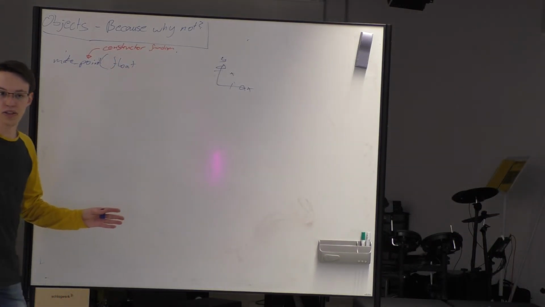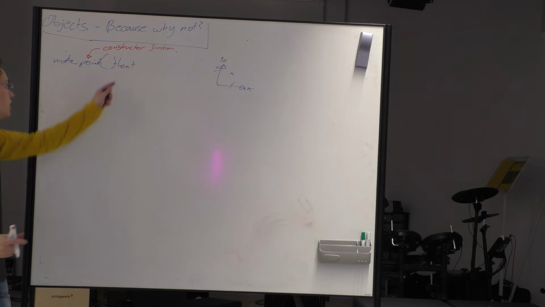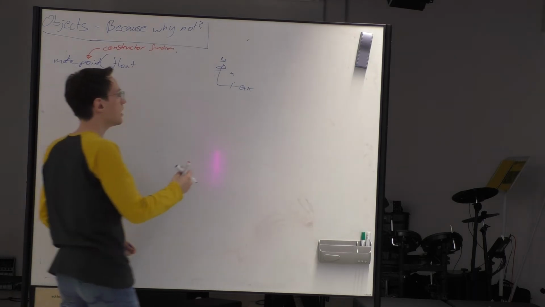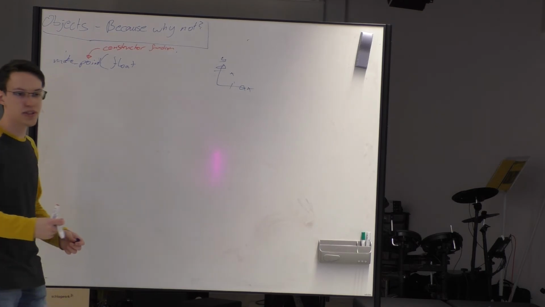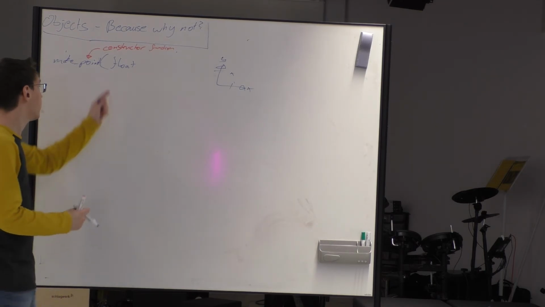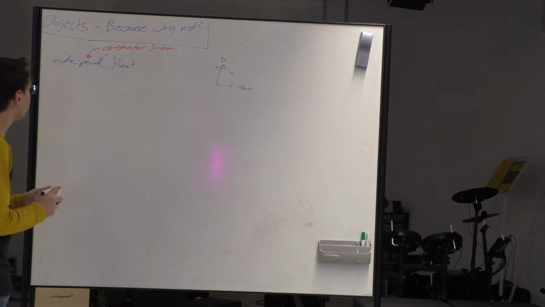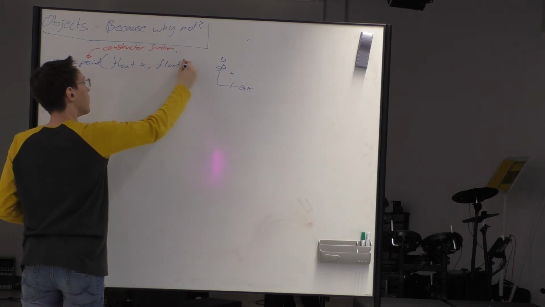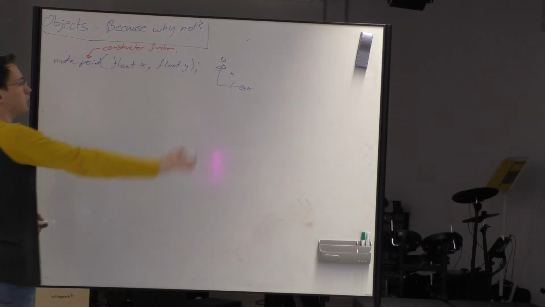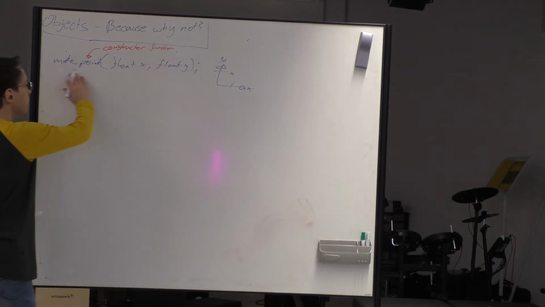You all know about floats, right? Floating point numbers. It's like an integer just with decimal points. Integers are like 42, and floats are 42.3. That's why it's called a floating point number. Float for short. So we say float x, float y, and that's the function. Basically that's what the function looks like.